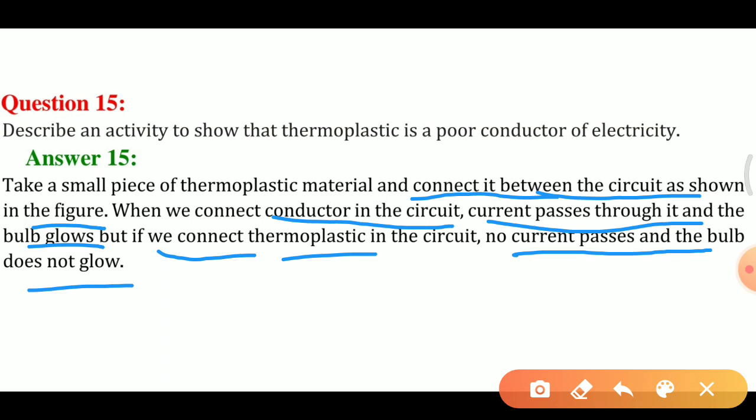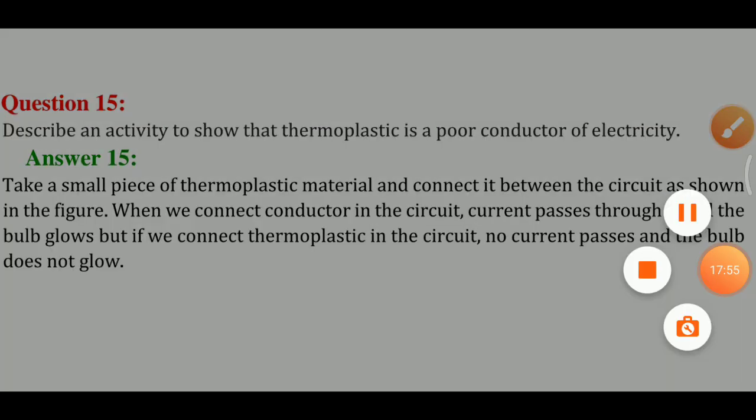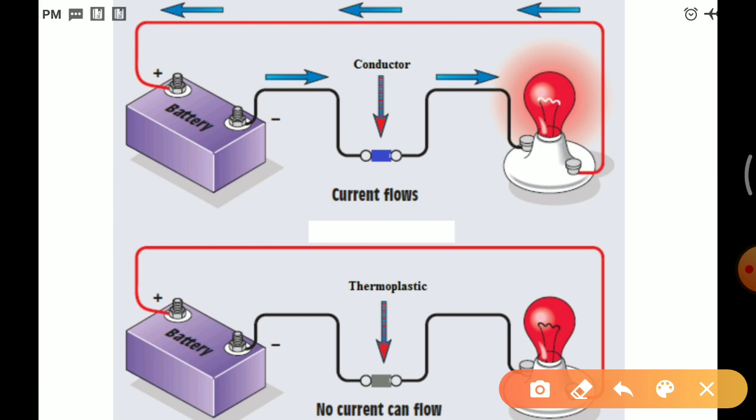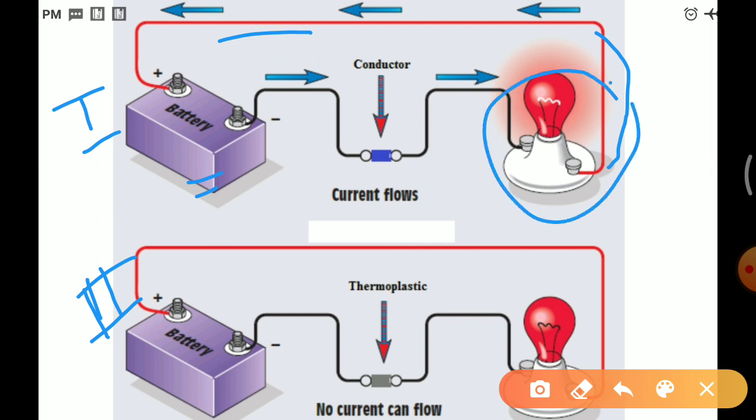So the diagram is as follows. This is the diagram to show that thermoplastic is a poor conductor of electricity. Here is the first circuit diagram, and this is the second circuit diagram, or we can say electric tester, in which we have arranged a battery, its positive terminal, then the wires, and the wires are connected with a bulb, and in between the battery and bulb there is a conductor.